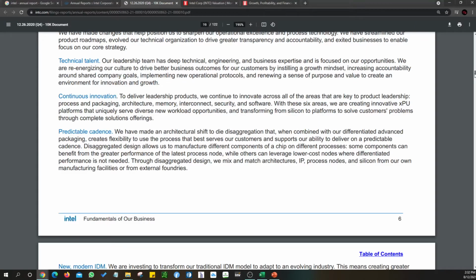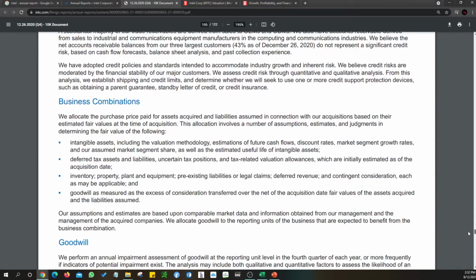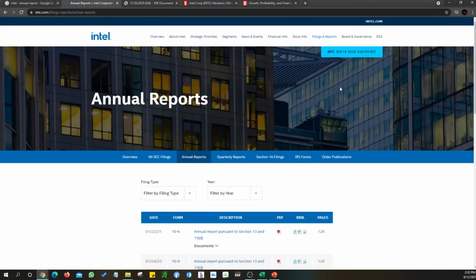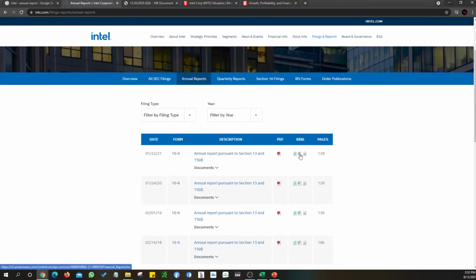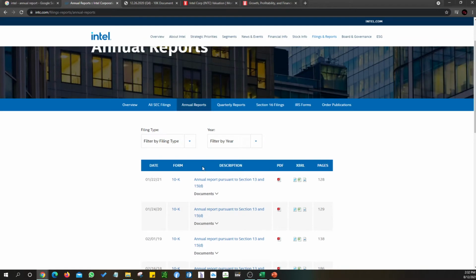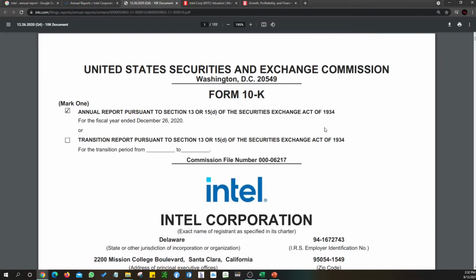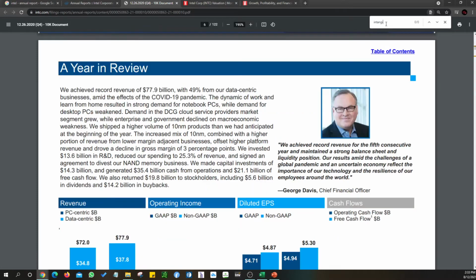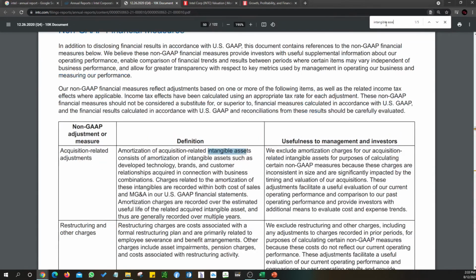So guys, yep, I'm going to go straight away, find, and type here intangible asset. So guys, you can straight away go and search.